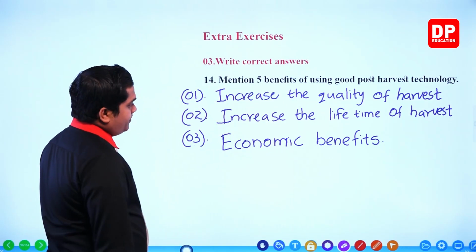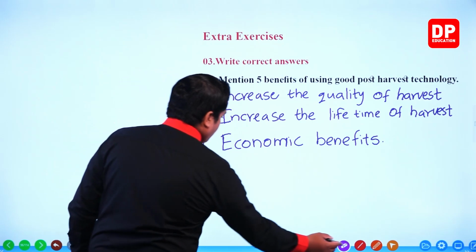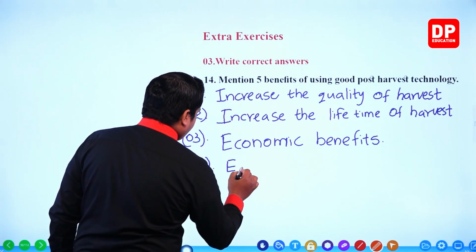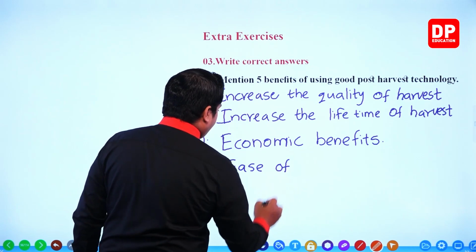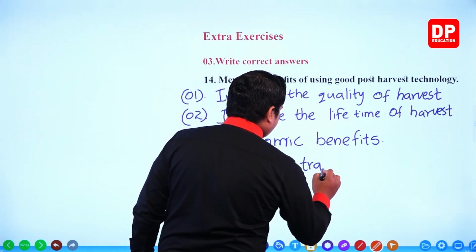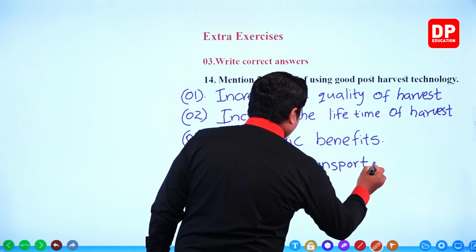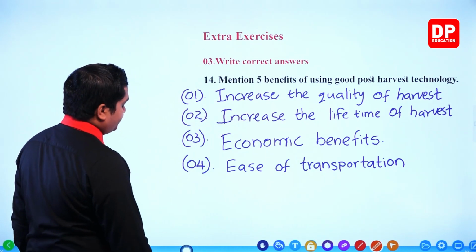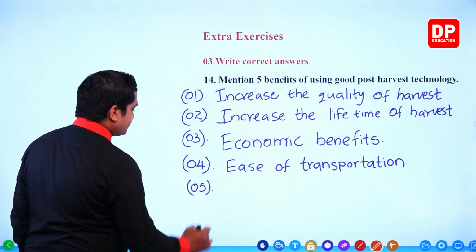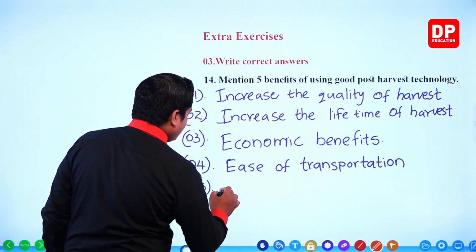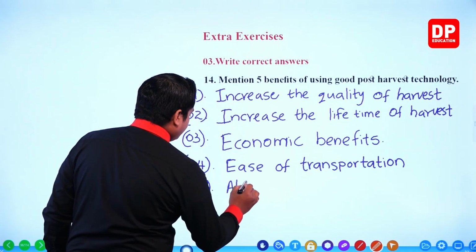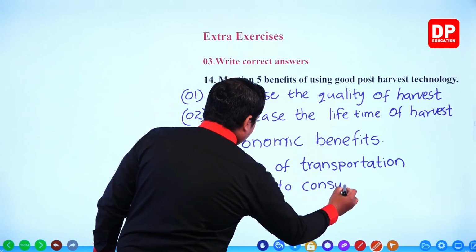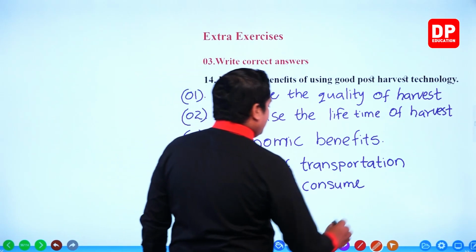Number 4, my dear children, ease of transportation. Number 5, we can write ability to consume quality foods.